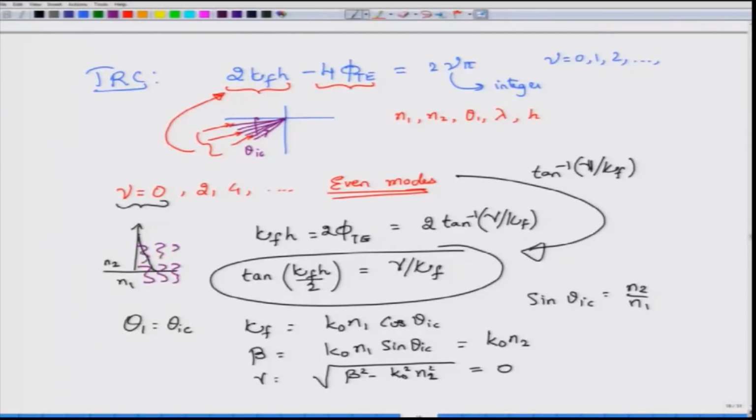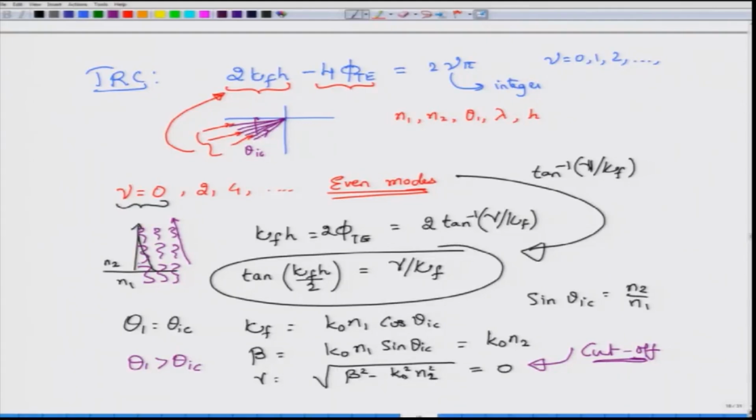Only when we increase the angle theta 1 beyond theta IC will the propagation constant gamma be non-zero, and the evanescent wave starts to decay. So, this is barely at the position of what is called a cutoff. Cutoff conditions are always characterized by this gamma, which is the decay constant outside the film.